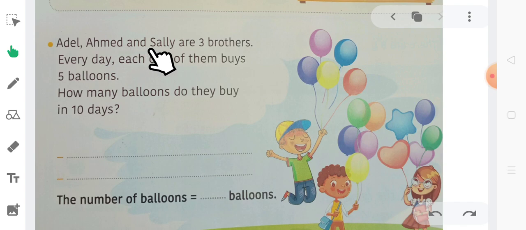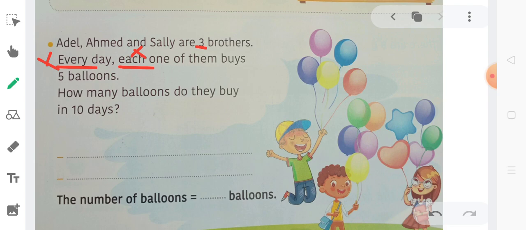Adil, Ahmed, and Sally. We have 3, 2 boys and 1 girl. They are 3 brothers. Every day, every means multiply. Each is a keyword for multiply.